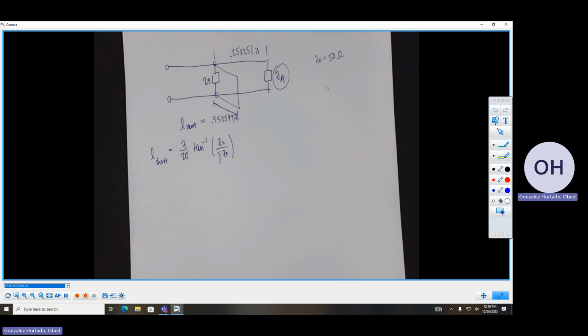Where's this thing on here? Where did I put it? How much do I add? How much am I gonna add?